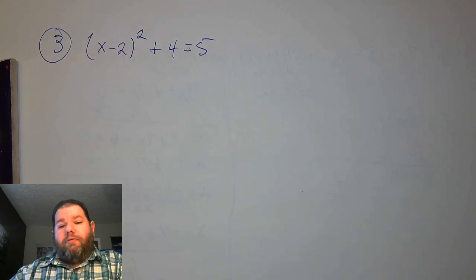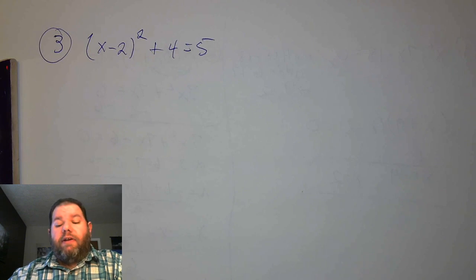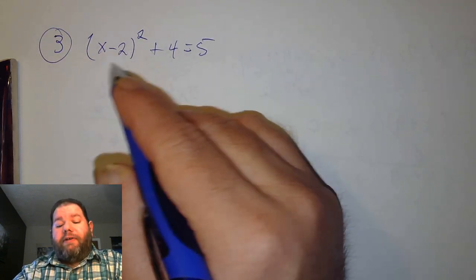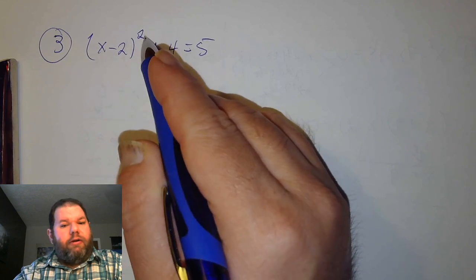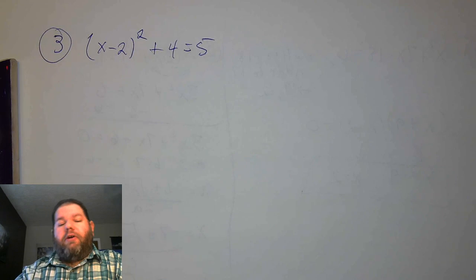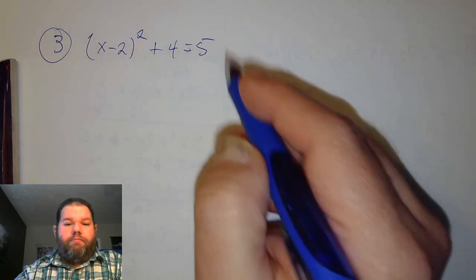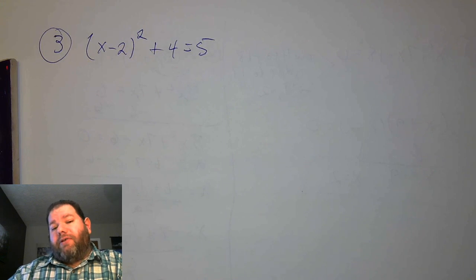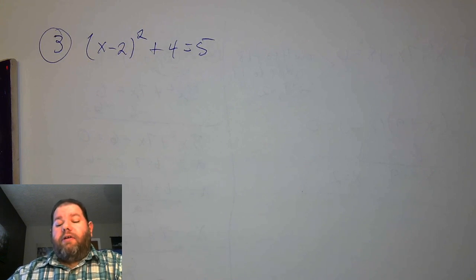What a lot of people tend to try to do in a problem like this, from what I've seen in previous classes, is another option: we could just multiply this out, x minus 2 times x minus 2. Multiply all that out, add the 4, pull the 5 back over, combine that and get a trinomial, and then factor and get the answer. That works, but it's kind of a longer method.